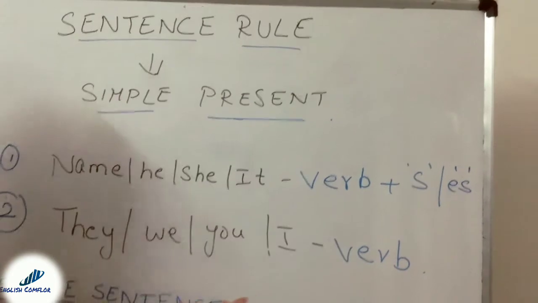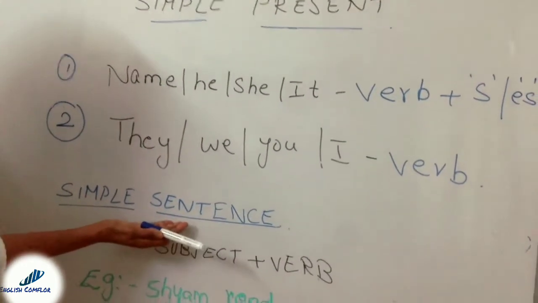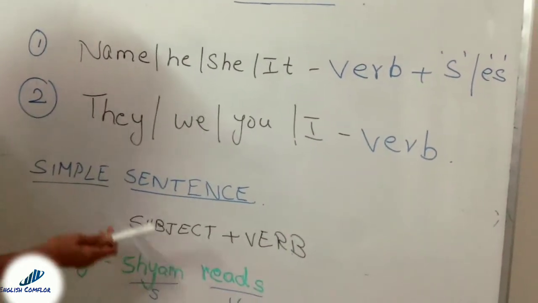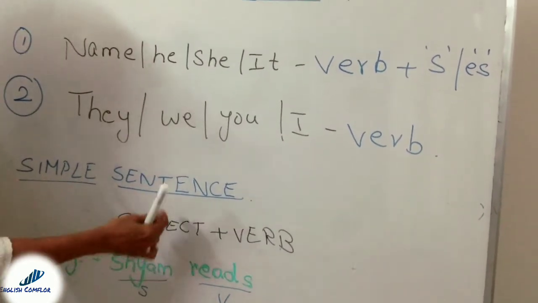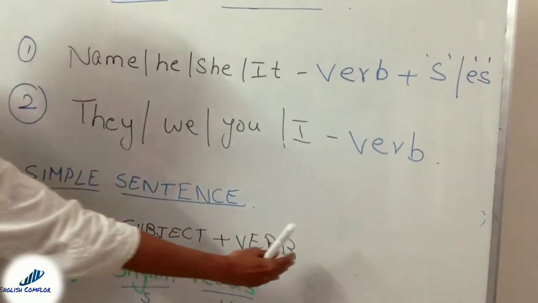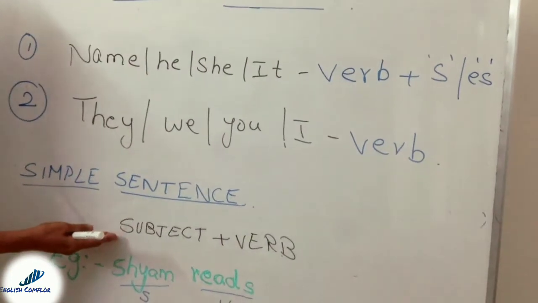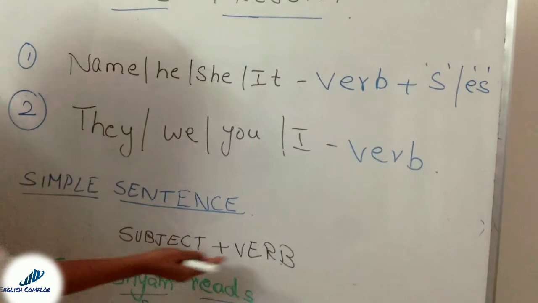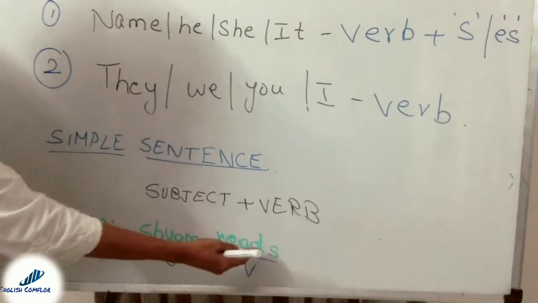Now I'm giving you a simple example for a simple sentence. A simple sentence can be formed with a subject and a verb, and we can also add an object here, but I'm going to make it very simple. Example, Shyam reads.